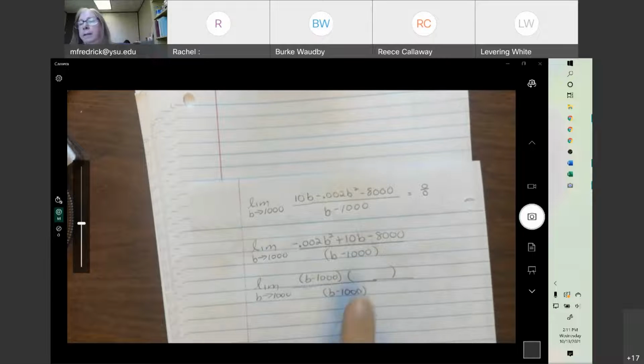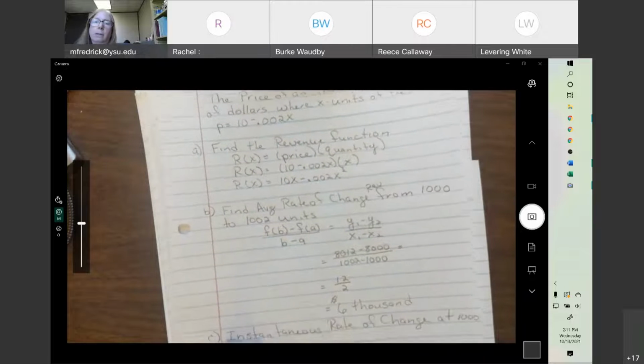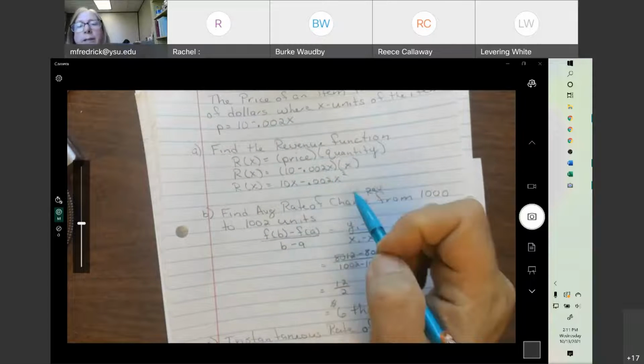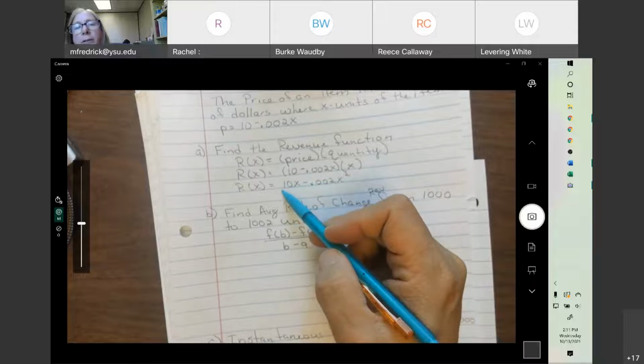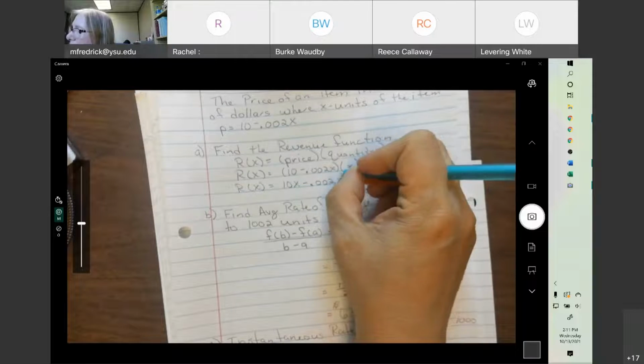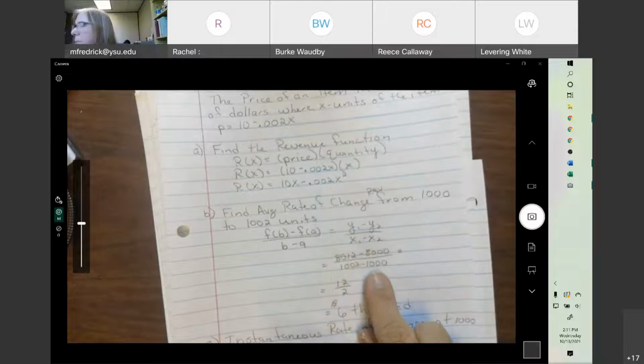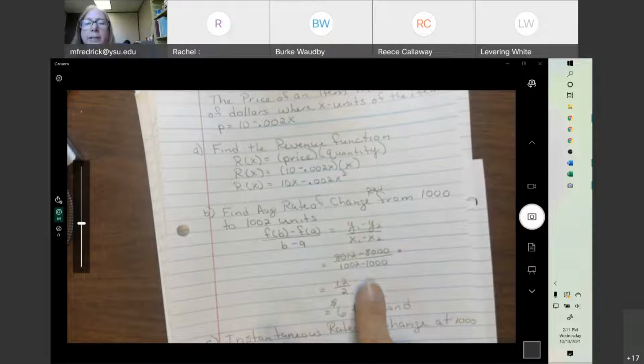So for the negative 8,000, we plugged 1,000 into this equation. Since I had already found it here when I plugged in 1,000, I didn't plug it in again.